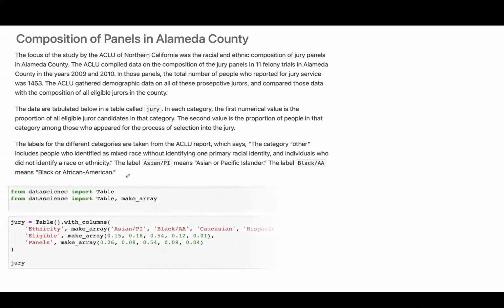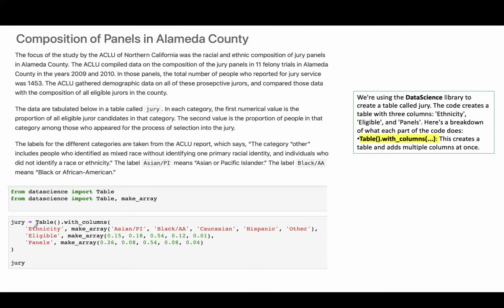Very good. So from the data science library, let us import Table and also make array. Our goal is to create a table. In our table, you're going to see three columns: the ethnicity, eligible, and the panels.